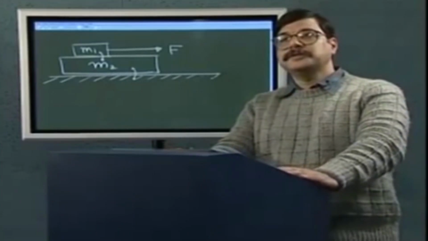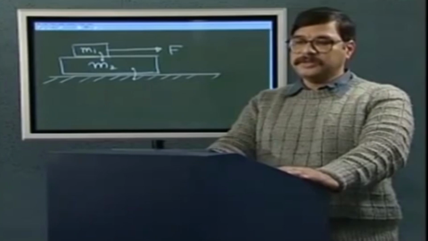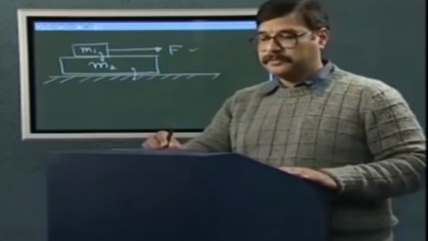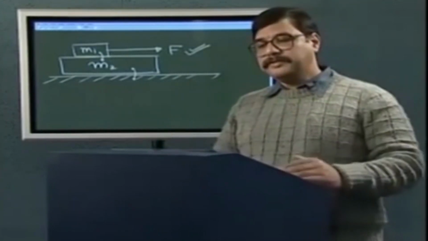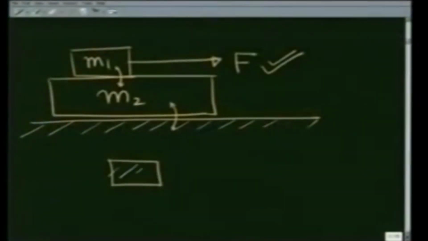So, first question: is the frictional force of constant amount, or does it vary as I vary this force? Let us give an argument. Suppose the frictional force were of constant amount, and that means this mass M1, which is on the top, experienced a constant force in this direction.